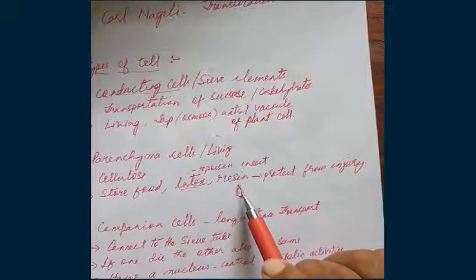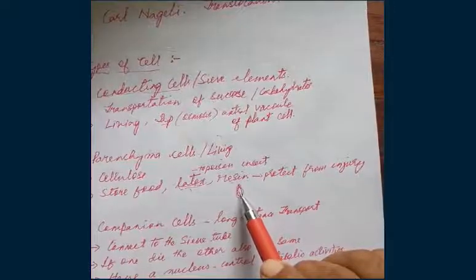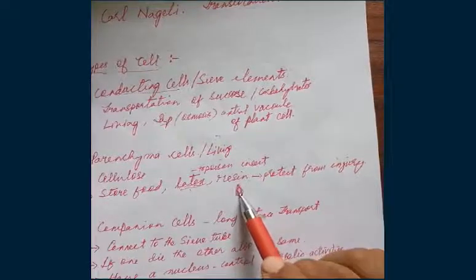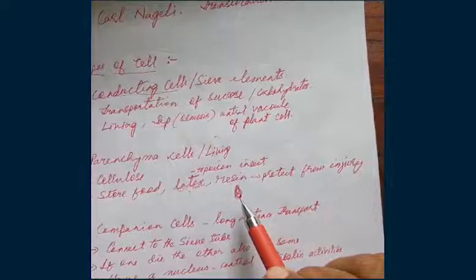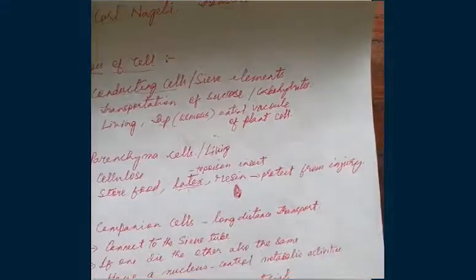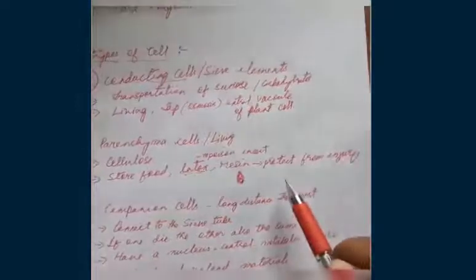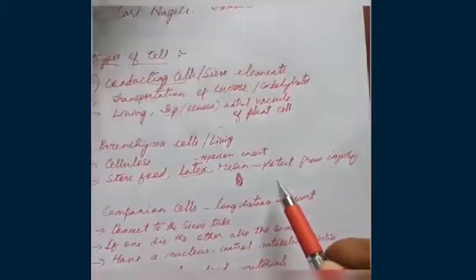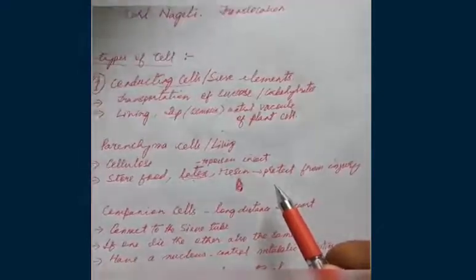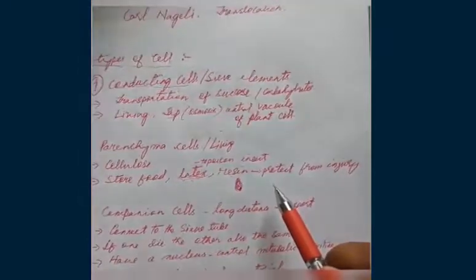So the same thing: if you cut the tree, this liquid will come out and become hardened, so that no further infection will enter the plant, so that it will be protected from any further injury, to seal up the wound that you cut on the bark of the plant.